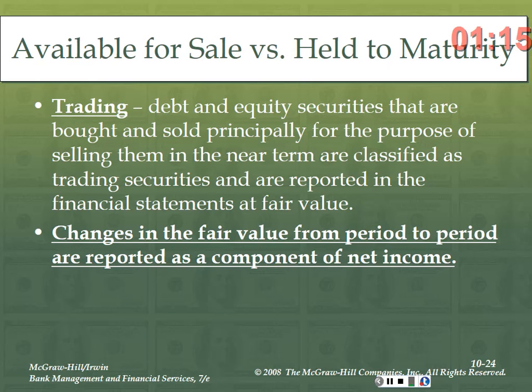This is a trading account security. We bought these bonds to buy and sell, and they're going to fluctuate in value. The average person doesn't care about that. All they care about is somehow you're running this bank and you lost $2 million, and we don't understand how you did it. Truth is, you didn't do anything different.